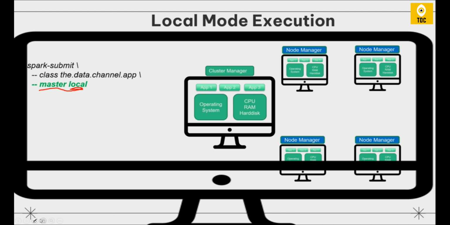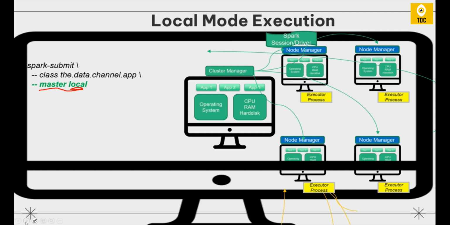Hope you're able to understand how you trigger each, what the command difference is, and what the execution difference is. And once this is submitted, as usual, the entire thing happens within your laptop or machine, as the picture shows.